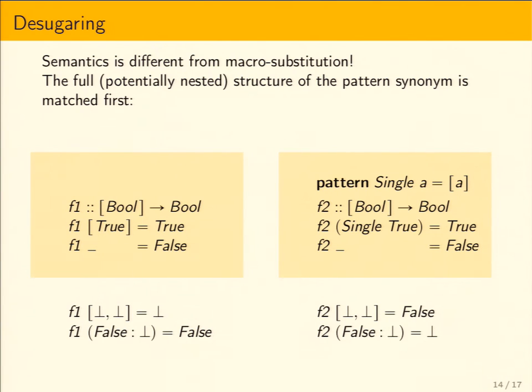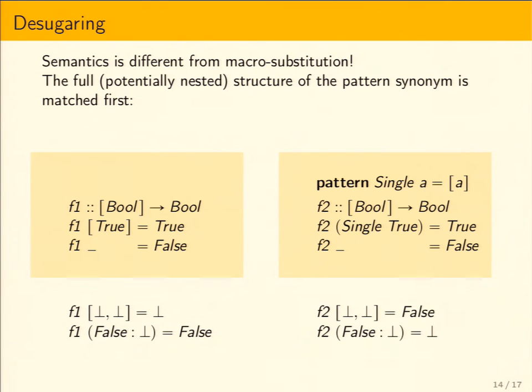So in this example, we have F1 and F2, which both try to return true on the singleton true list and false otherwise. But one of them is written using straight pattern matching. The other one uses a pattern synonym for singleton lists.